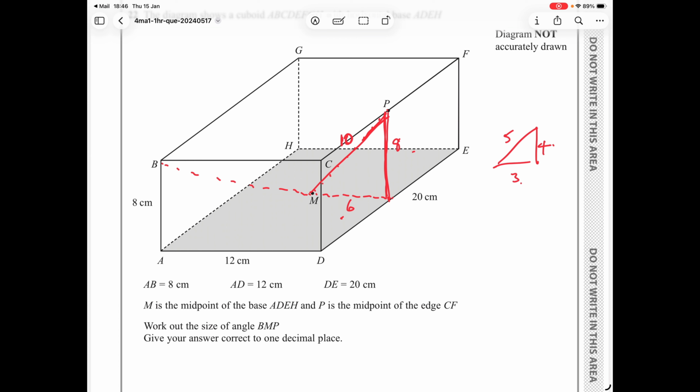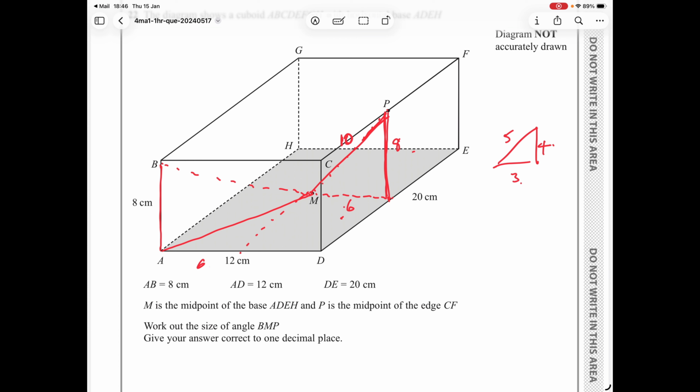What am I trying to find? The angle BMP, so I'm actually trying to find that one. Now, this one, on the other hand, is a little trickier. So I've got that's 8, and then A to M would be 6.